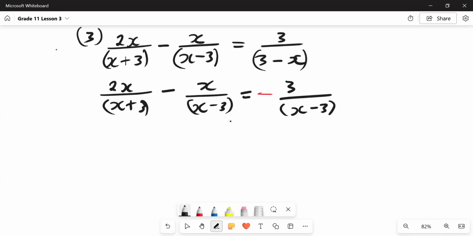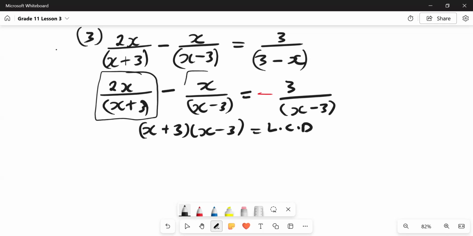Now we need to have our LCD. What is our LCD? LCD is x plus 3 and x minus 3. And then after getting your LCD, that's when you can start multiplying everything by your LCD. Let's start with this part of the fraction, followed by this one and that one, right?